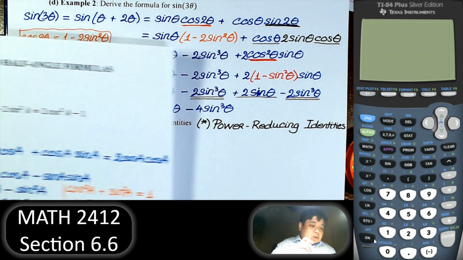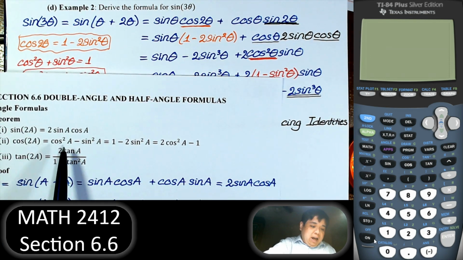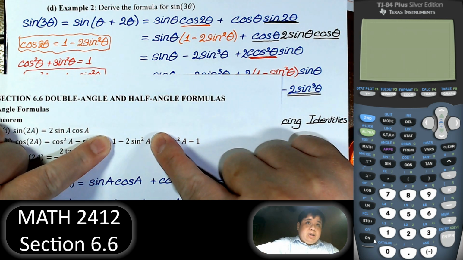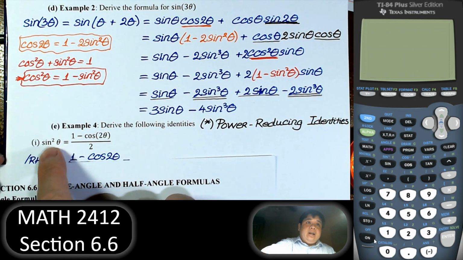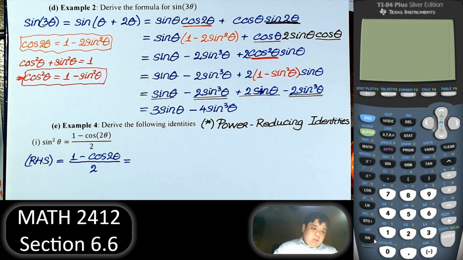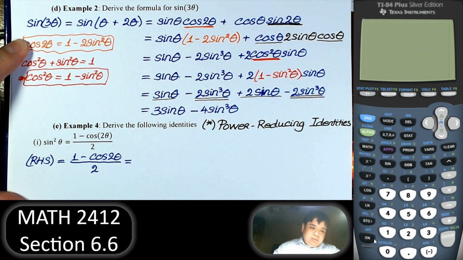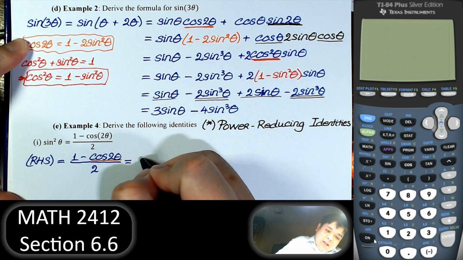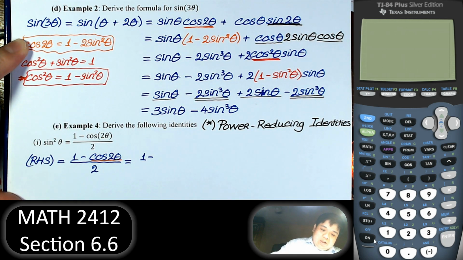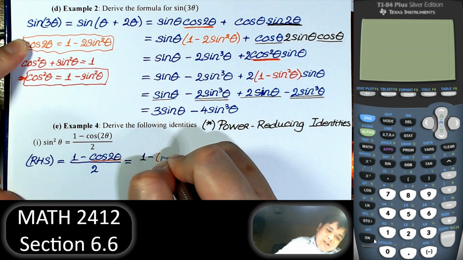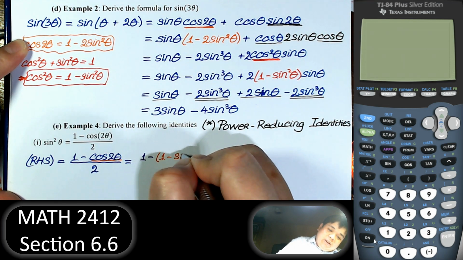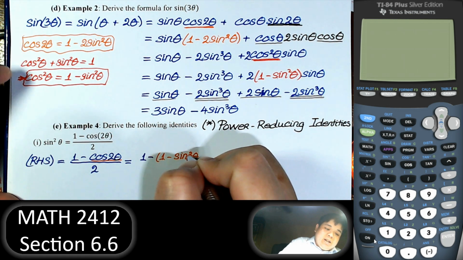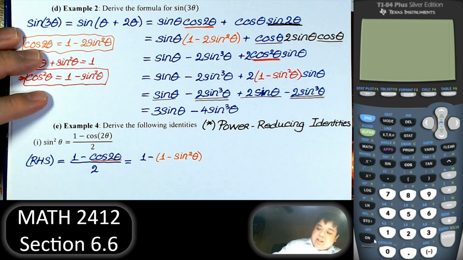So cosine of double angle can be any of those, but I'm going to use this one because I want to end up with the sine square. So 1 minus cosine of 2 theta, we're going to use that, and this will give us sine square.